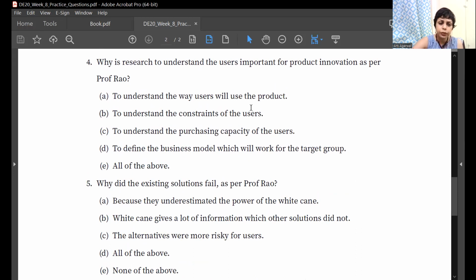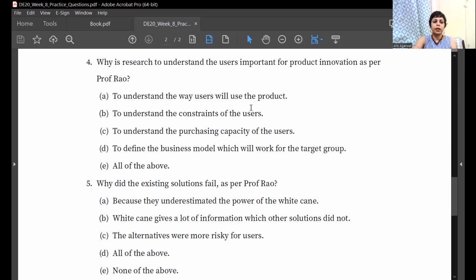He's given a lot of examples about how the designers went to the institutions where the blind people actually learn, and many of these places where they interact, things like that. So he's talked about many things here. Let's see which ones we are actually discussing right now. So the first is to understand the way the users will use the product.